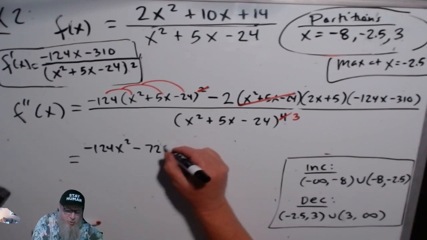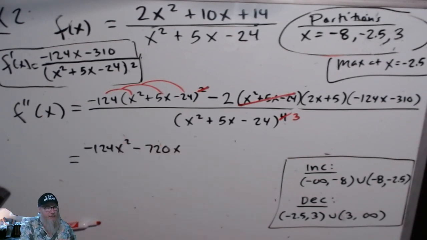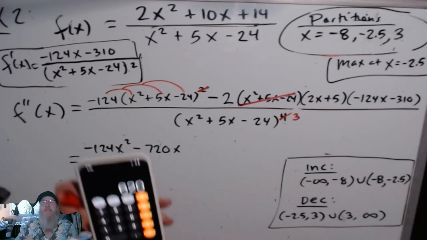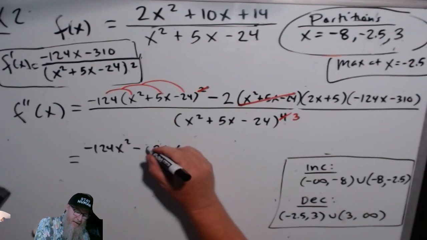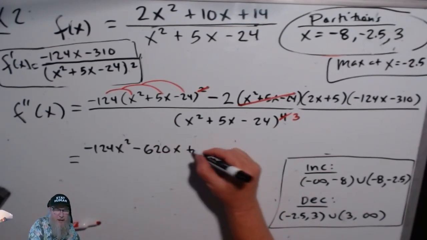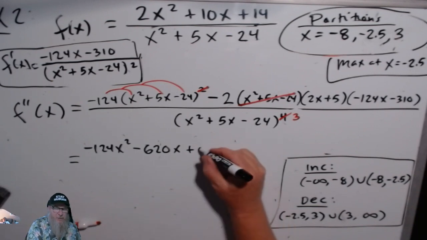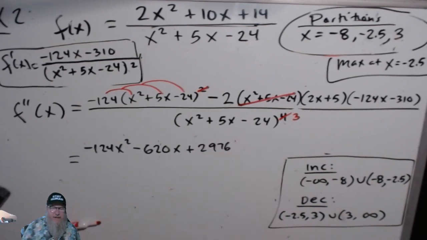Is that 720x? 124 times 5? 620. Let me double check that. 124 times 5, 620. Glad I didn't go with my guess. And then plus 124 times 24, 2,976.